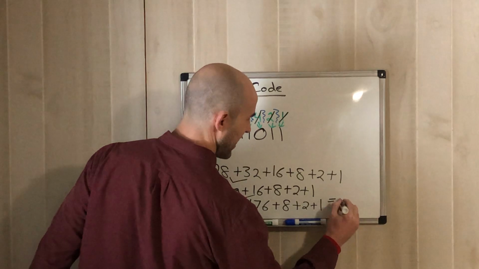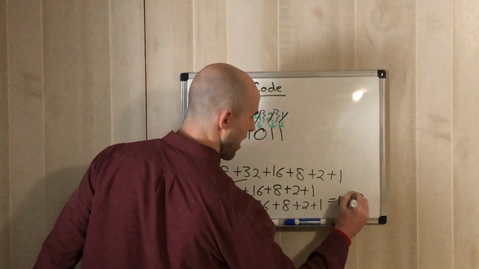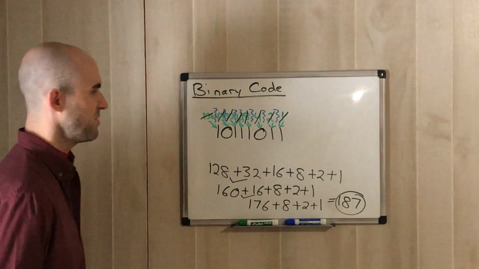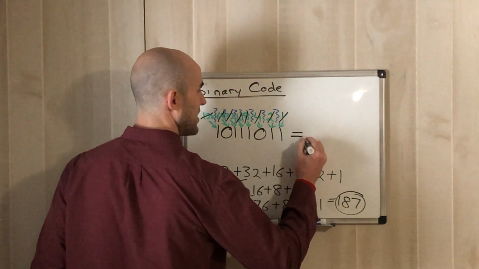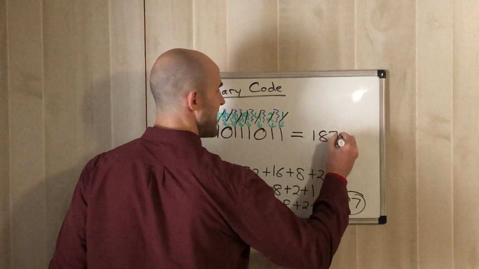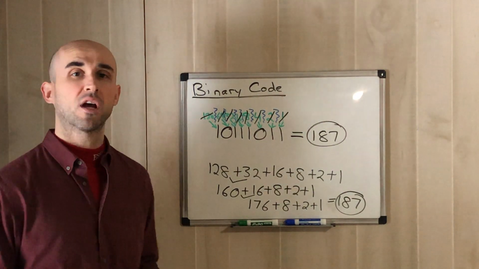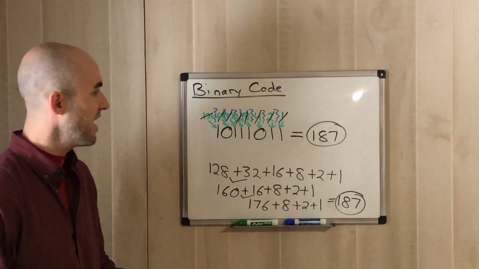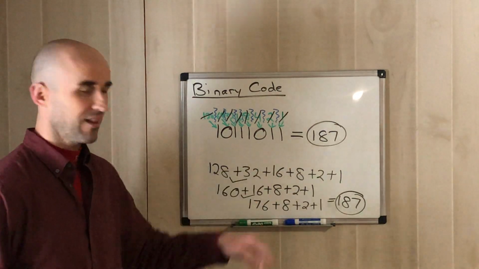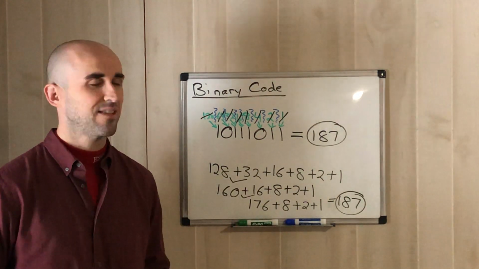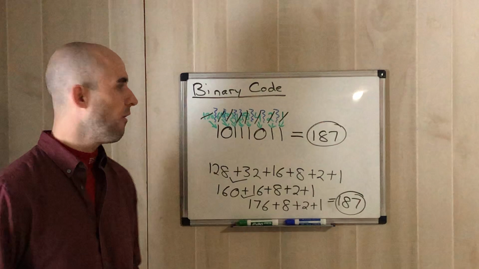Equals 187. And again, I wanted to get practice with getting you guys bigger numbers because I did want you guys to start seeing. Last class, I wanted you to just get the hang of it, just feeling comfortable with it. Once you felt comfortable, I want you guys to start seeing that even though it doesn't look like it, the numbers have gotten much bigger. Last time we were working with like 50, 40, all of that.